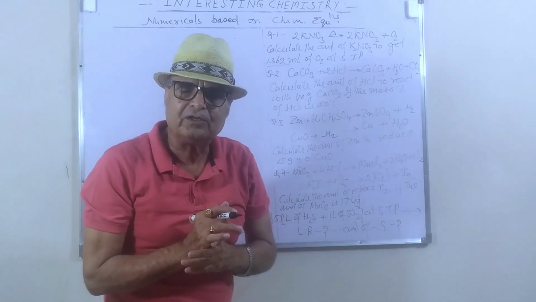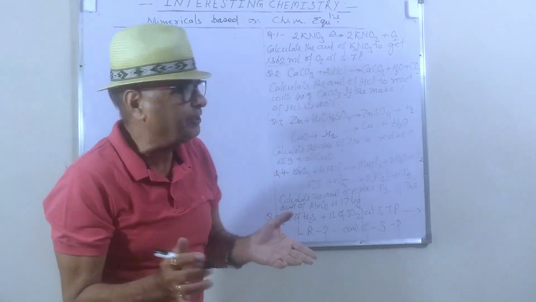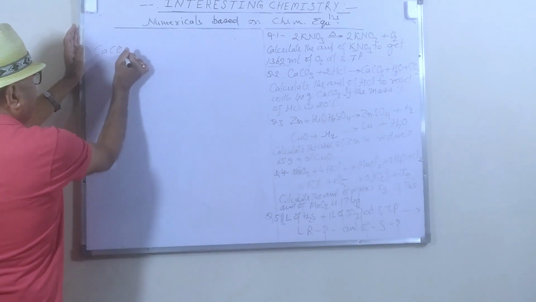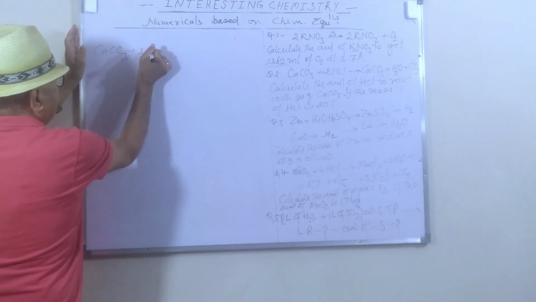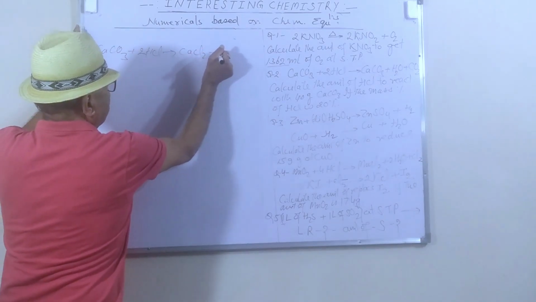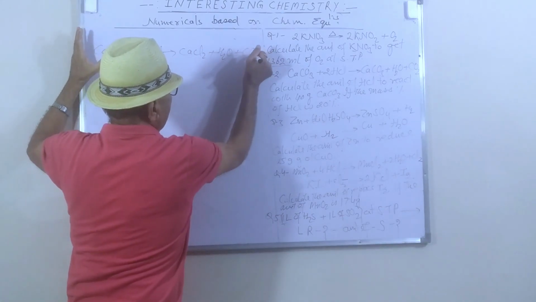So first of all, you have to write the balanced chemical equation. So here is your balanced chemical equation, CaCO3 plus 2HCl is equal to CaCl2 plus H2O plus CO2.